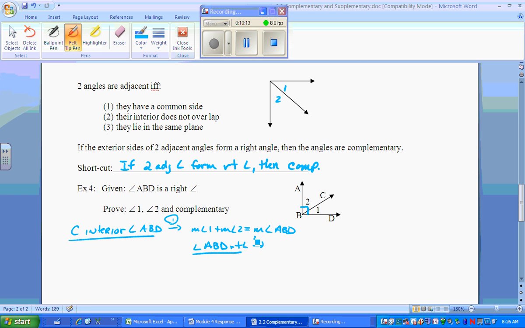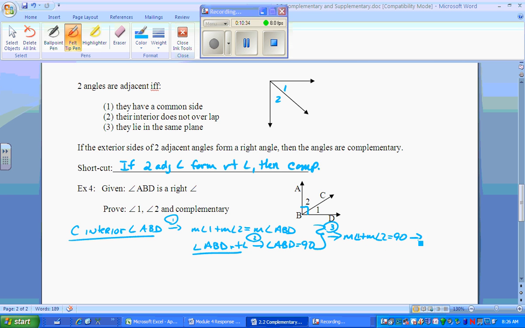We need to substitute it in, so we can say, okay, angle ABD equals 90. And from the front side, we can bracket these two together and substitute this in for here. And we can say the measure of angle 1 plus the measure of angle 2 is equal to 90.